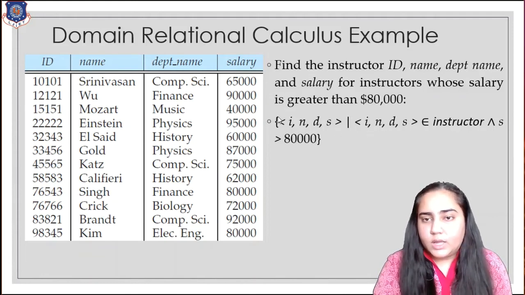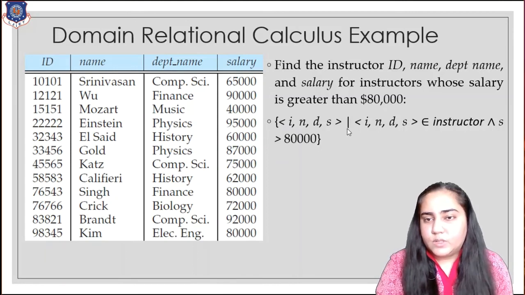They are not actual columns. So this is the value given here. And then there's a pipe, such that I, N, D, S, they all belong to instructor, just like we did in tuple relational calculus.